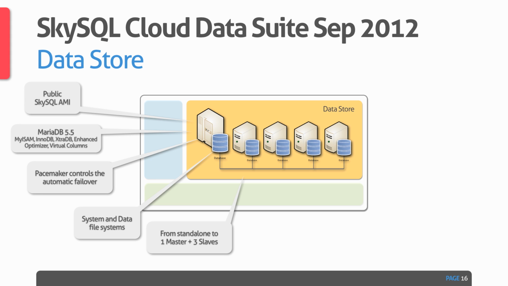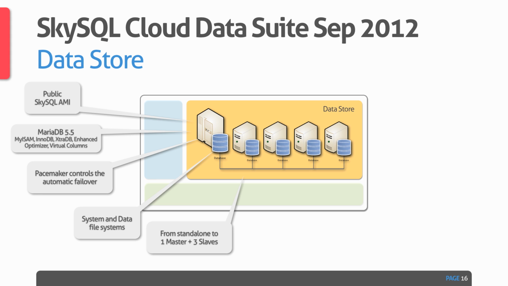You can see some of the features based on MariaDB, like MyISAM, InnoDB, XtraDB, the optimizer, and virtual columns. But in a simple sentence, it's a standard MariaDB 5.5 MySQL-compatible server that you see here.